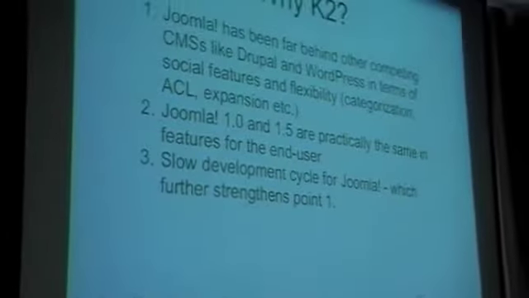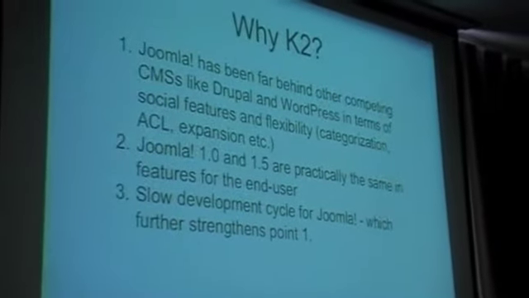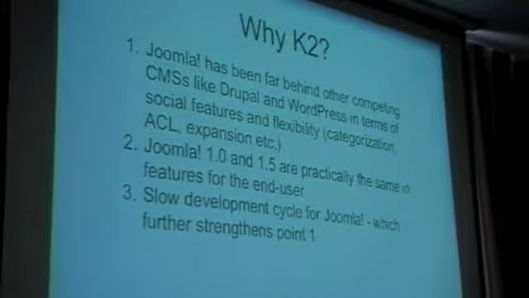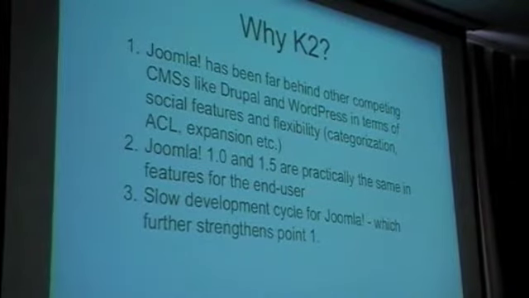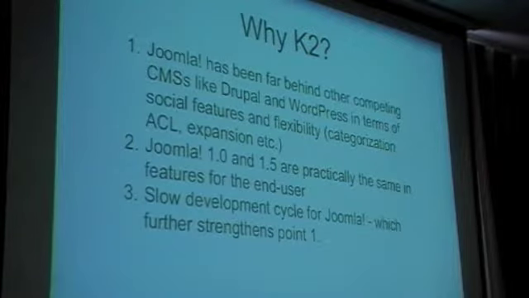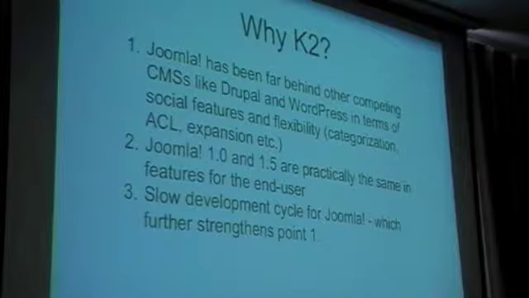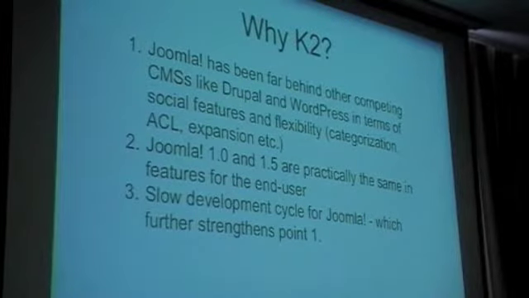So why K2? As you can see, Joomla has been left behind by its other two competitors, Drupal and WordPress. And this comes down to things like social features and flexibility. Categorization, tagging, thesaurus are the strong things in Drupal, and the ACL as well.